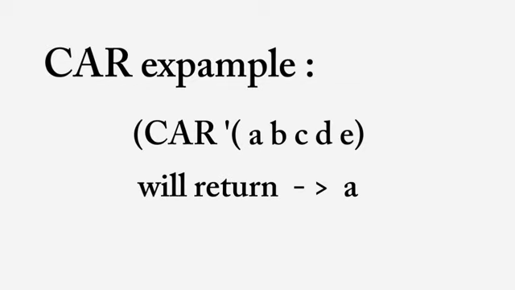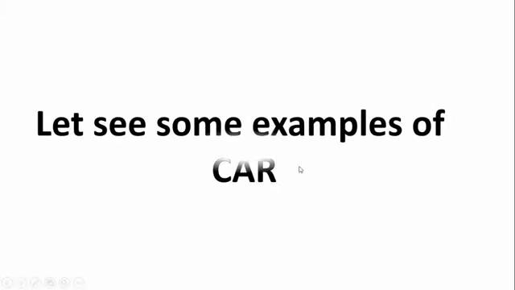If you are giving the CAR function in front of a list having A, B, C, D, E as its 5 atoms, it will return A. That means A is the first atom of the list. Let's see some examples of CAR function. If you give the CAR function in front of a list having A, B, C, it will return the first atom A as the result.